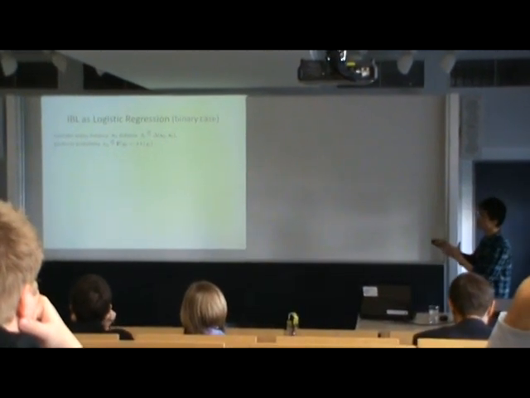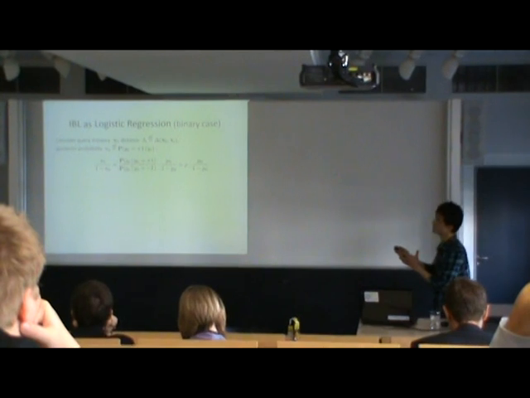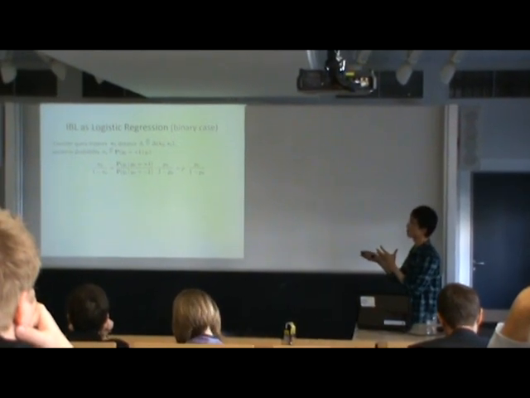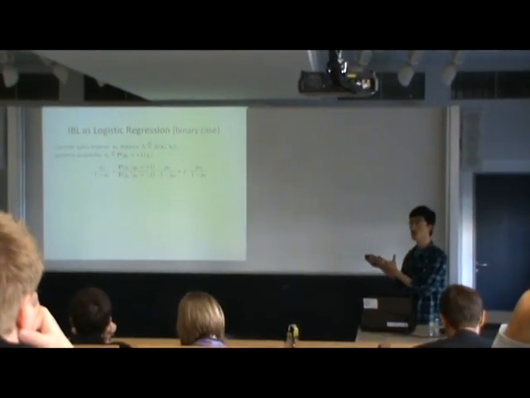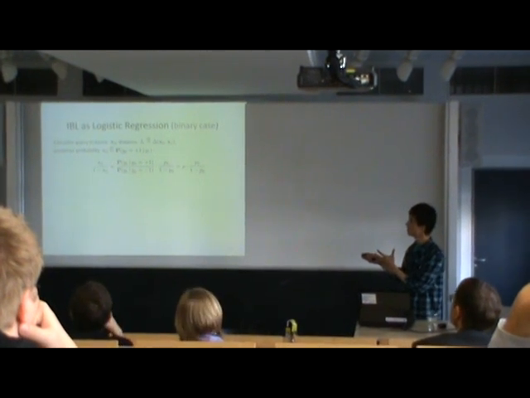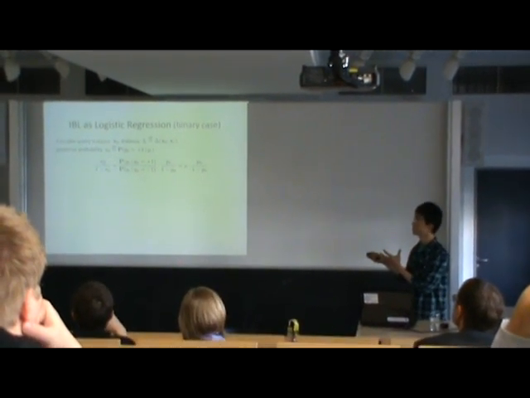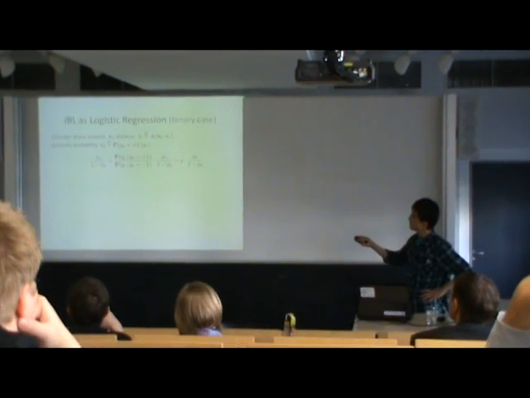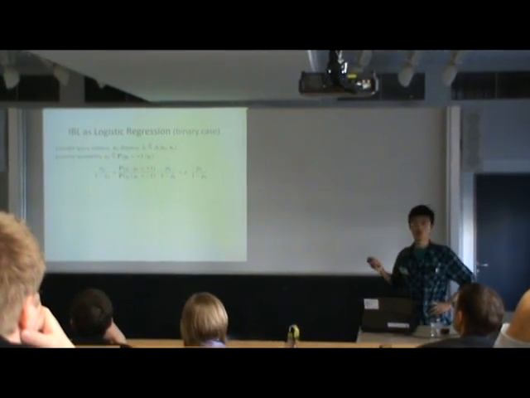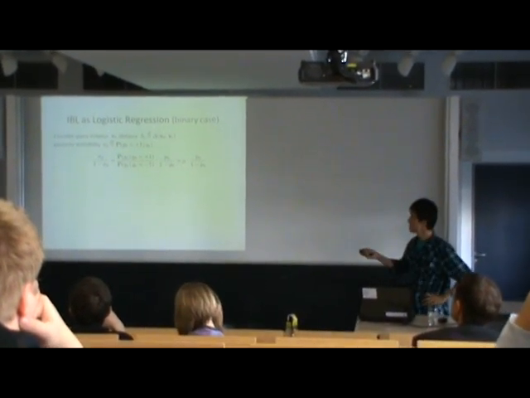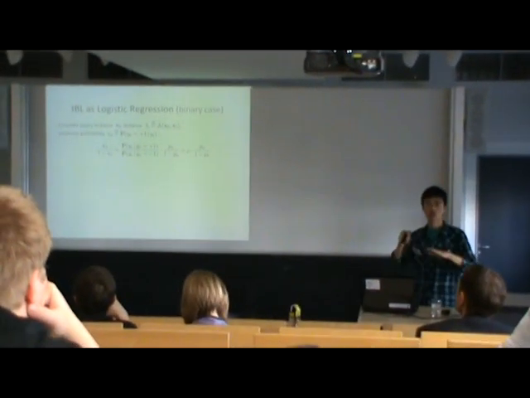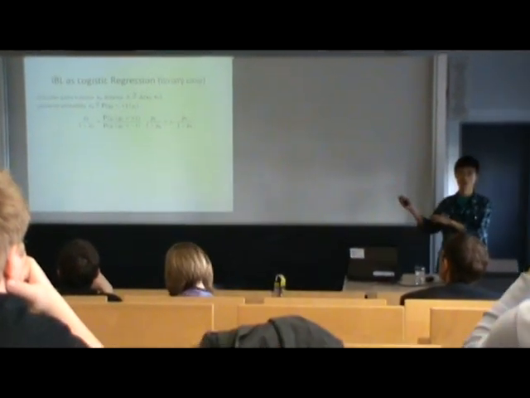So we have these two things, and then we look at this ratio and just apply Bayes' rule. We immediately end up with this formula, right? So here the first part is the likelihood ratio, and the second part is just the prior. Directly from Bayes' inference, we come up with this.